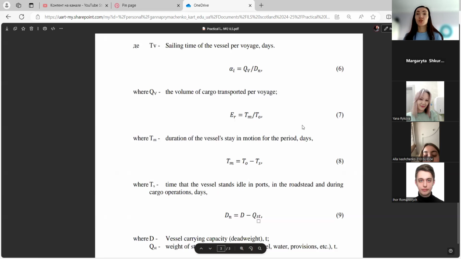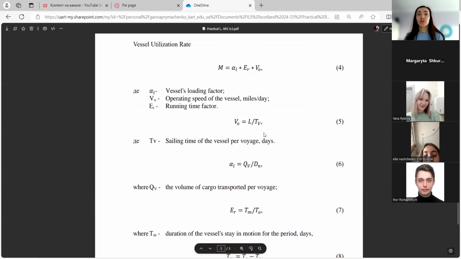Our next formula is formula number 5. So find it on this list. We decide how much the operational speed of the vessel is. It is in such units as miles per day, because vessels transport not in hours, we use days.